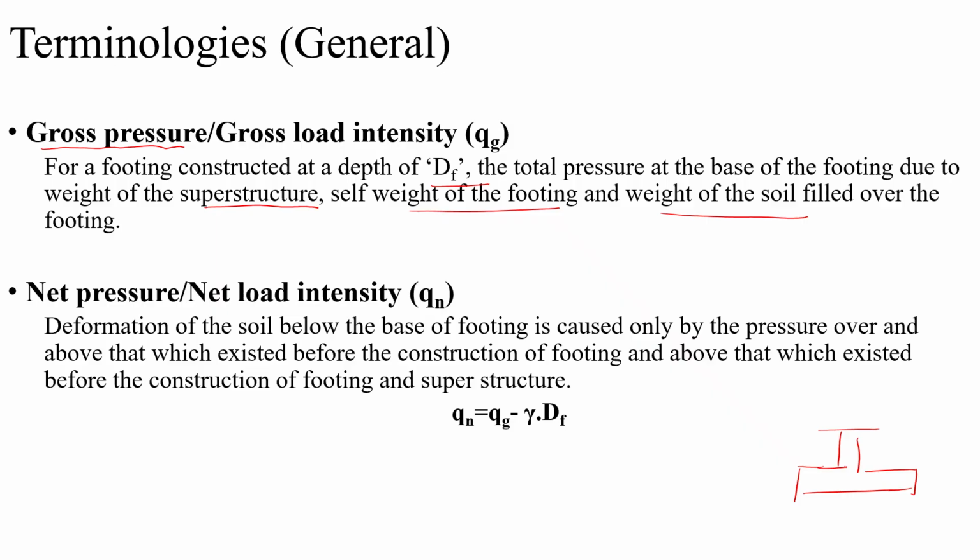If this is our foundation, which is located at a depth of df below the ground surface, at this particular point, gross pressure is nothing but the sum of all the weight from the superstructure, footing, and the soil itself divided by the area of the footing. So that will give you gross pressure and gross intensity of loading. That is Qg or simply Q.